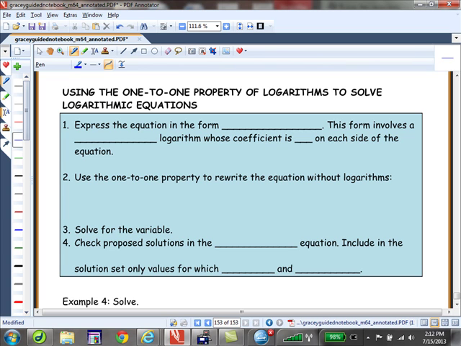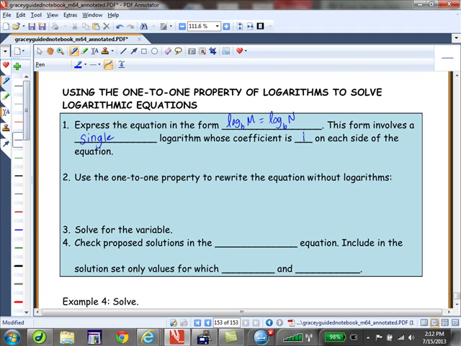And so you express the equation in the form log base b of m is equal to log base b of n. So this form involves a single logarithm whose coefficient is 1. So you've got to use the power rule backwards, to get to where you have no coefficients on the logs.